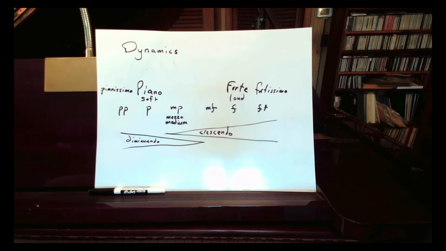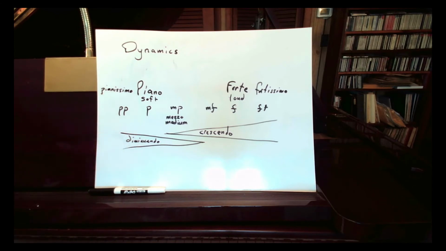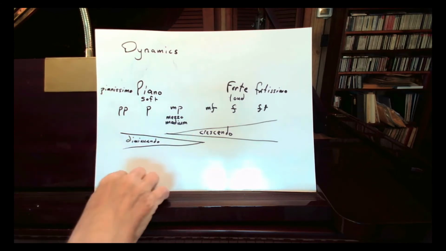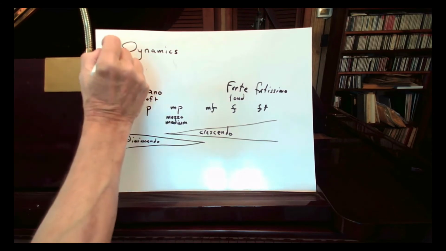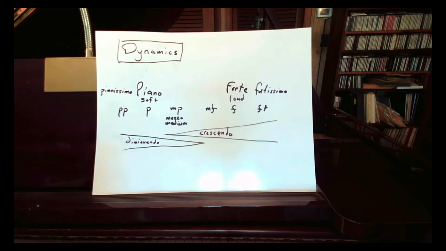Okay, so we're getting towards the subject that I want to talk about. And did I bring my list? I brought my list, yes. So these are dynamics in the sense of you have a loud part, you have a soft part, you're going to get louder, you're going to get softer. But there's another concept, which can happen on the piano, for a trumpet player and for a violinist.